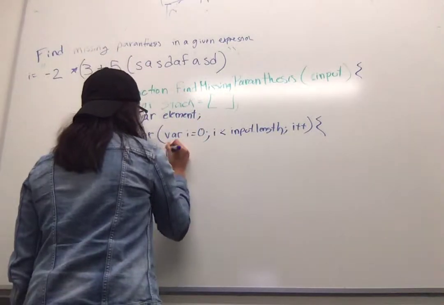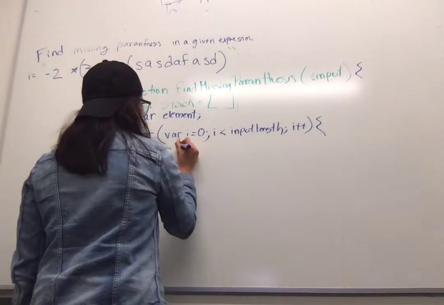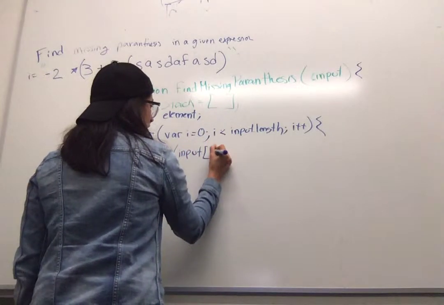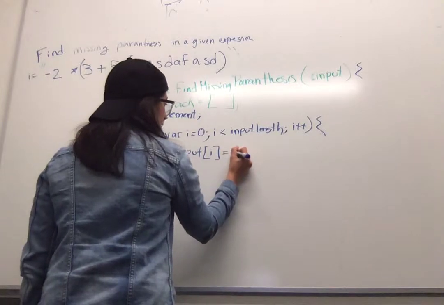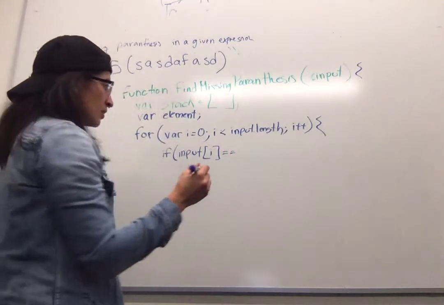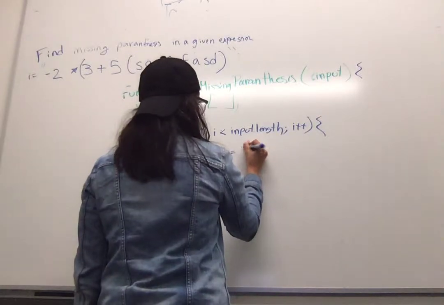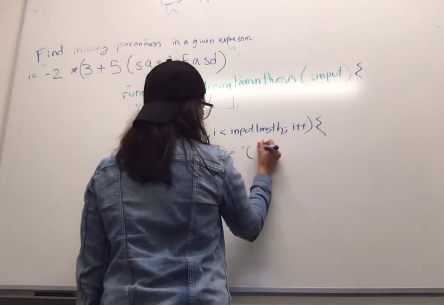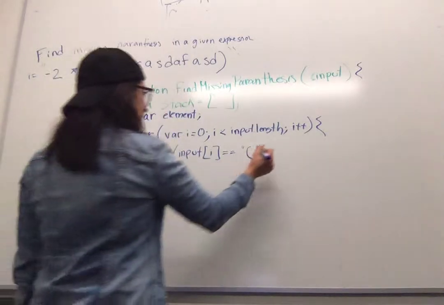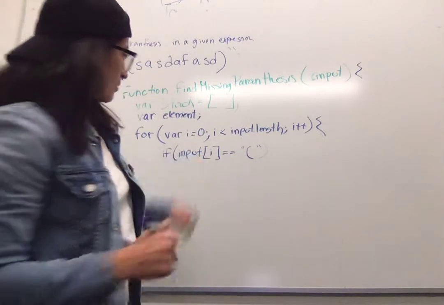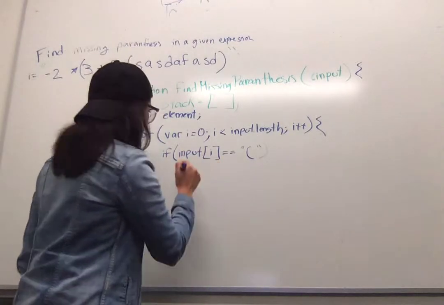So if input at i is equal to the opening parenthesis, then we are going to push that value.